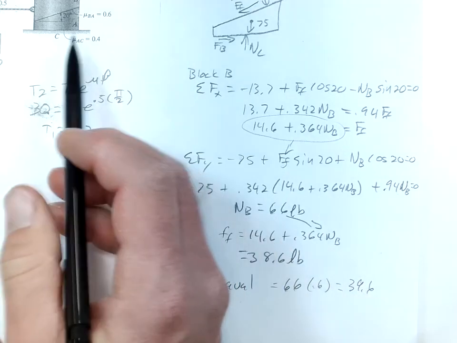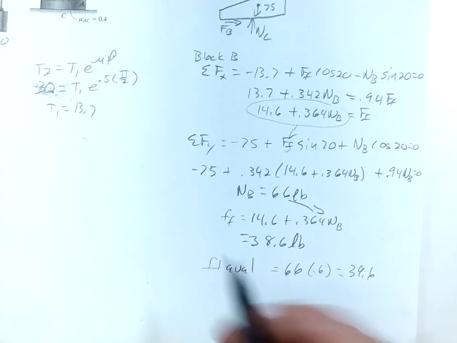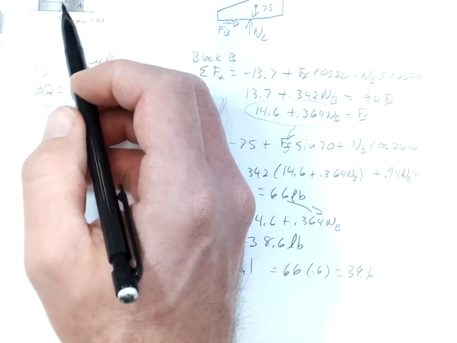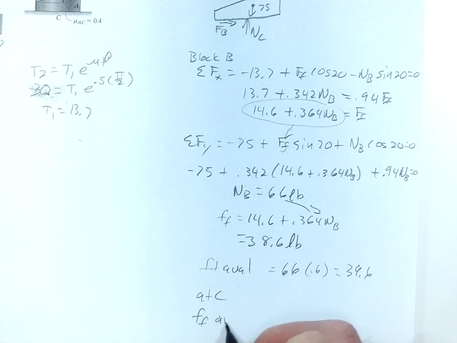Now let's look at the floor. So at the floor we have 150, so the force of friction available at C is 150 times 0.4, which is equal to 60.